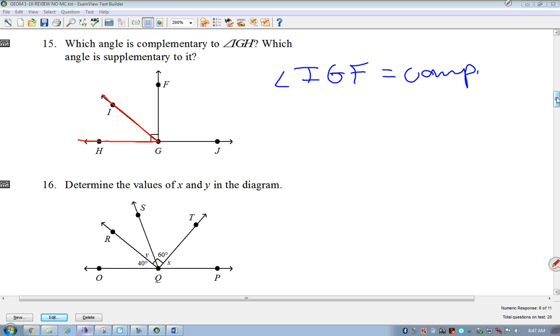Got to get all the way to J. IGJ, that is absolutely right. Angle IGJ is supplementary with it. Do we understand those two differences? It's just angle addition postulate. This angle plus this angle is going to equal 90. This angle plus this angle, side by side, are going to equal 180.